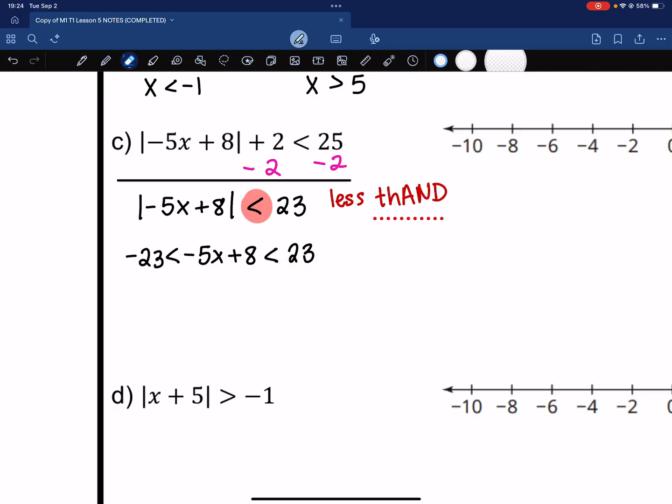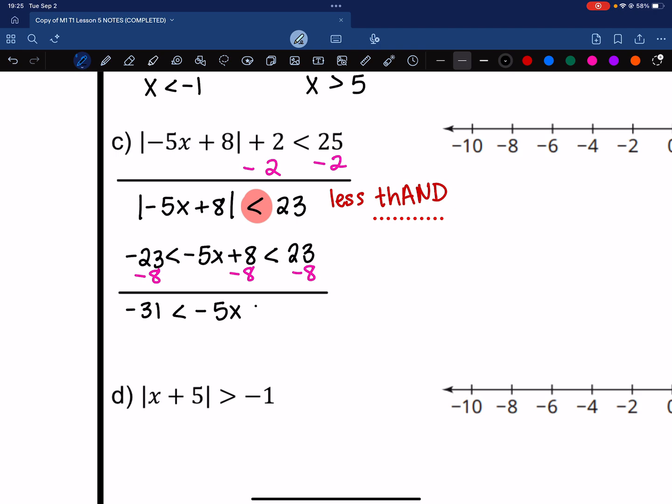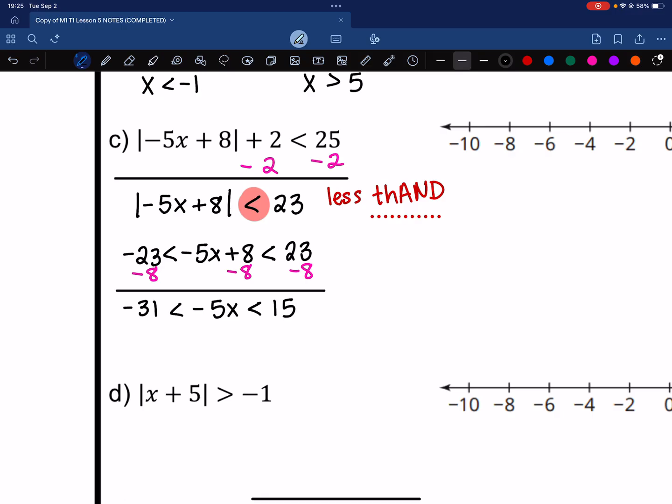So when we solve, we are going to subtract 8, but I have to make sure that I subtract 8 from both sides. And negative 23 minus 8 is a negative 31. 23 minus 8 is 15. And now, to get x by itself, we need to divide by a negative 5.